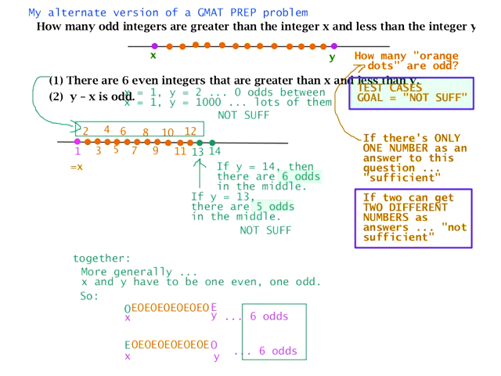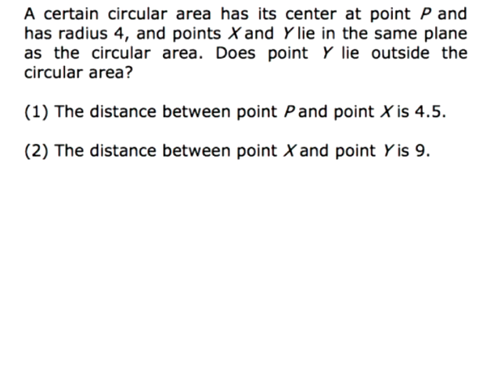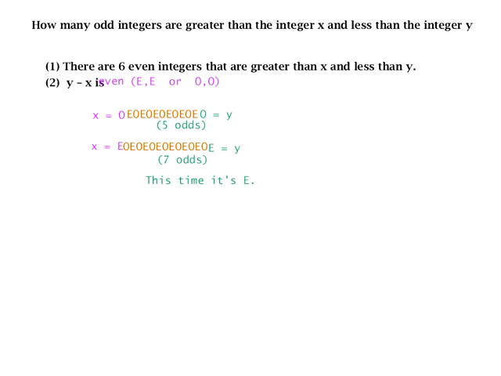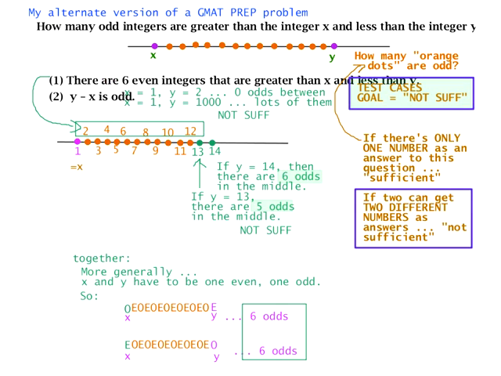In the original question, let's see. 21 and 3 would not work because that would not satisfy either of these statements. 21 and 3, you would have all the evens from 4 through 20 between those, and that's actually like 9 evens instead of 6.